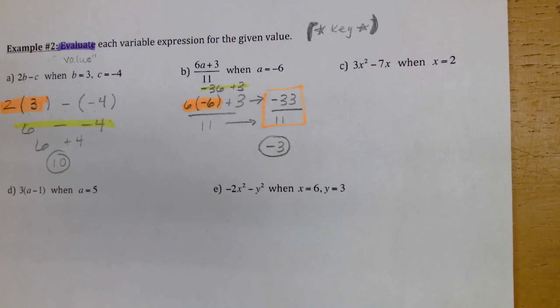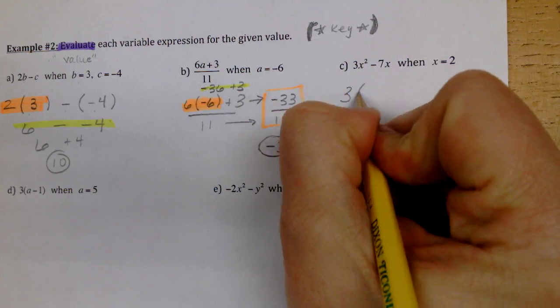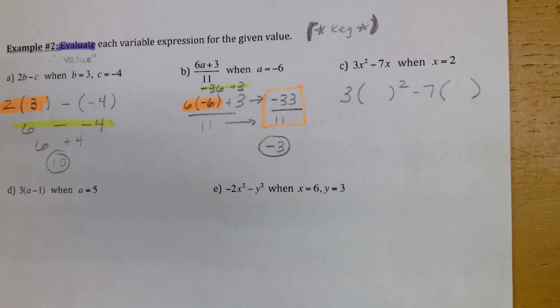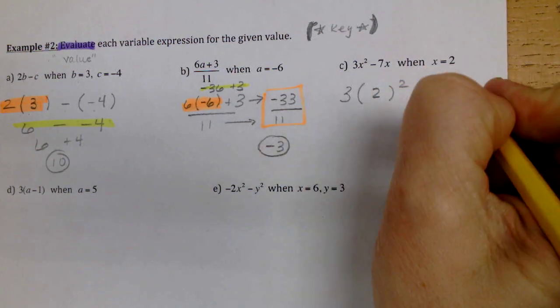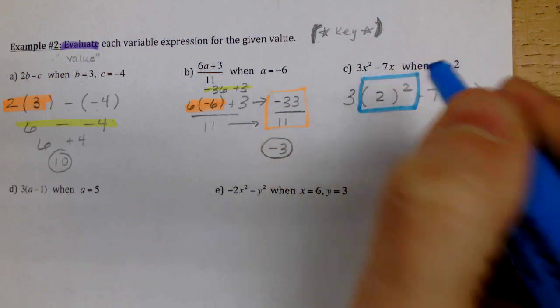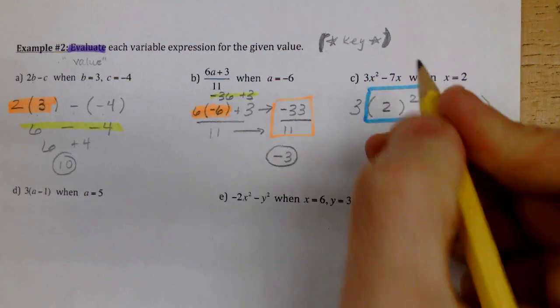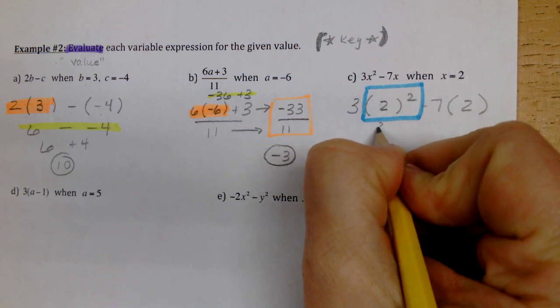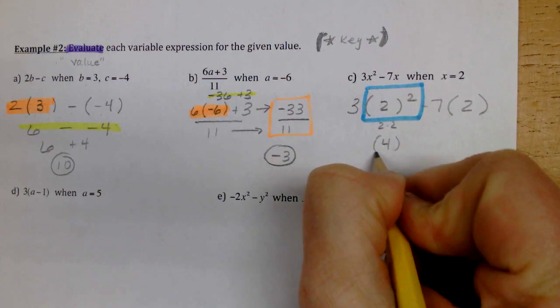My last section, skeleton form, looks like this. From here, I have to substitute in the 2. I'm then going to start with my exponents. Be careful, do not multiply first. Start with my exponents. 2 times 2, since this is 2 to the second power, is 4.